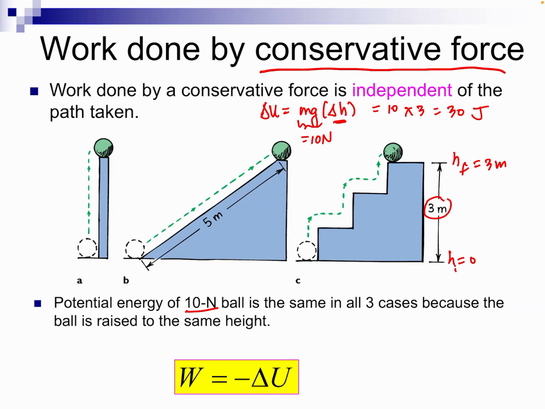And therefore, the work done will also be the same in each of the scenarios. So gravitational force is an example of a conservative force because the work done against the gravitational pull is the same regardless of the path taken.